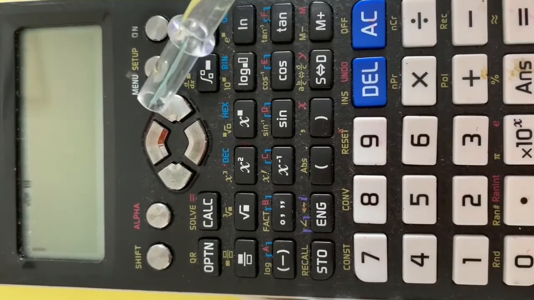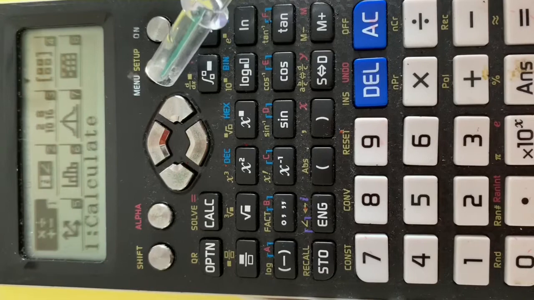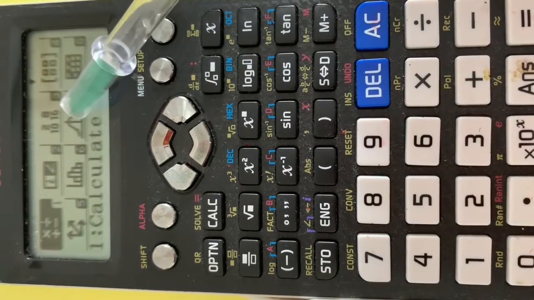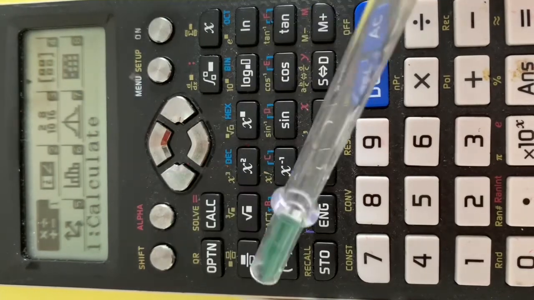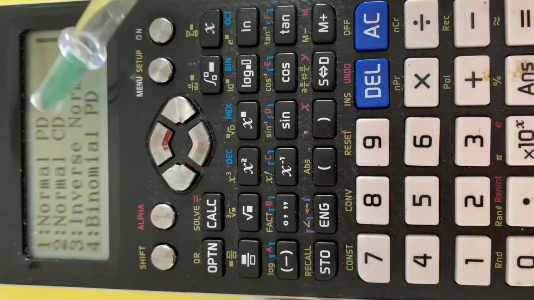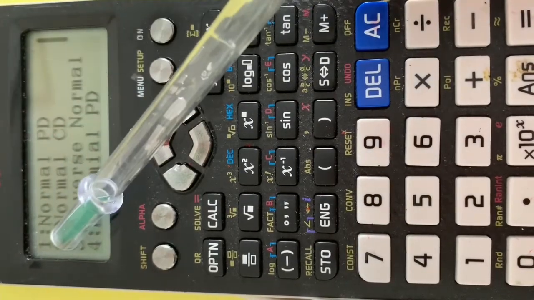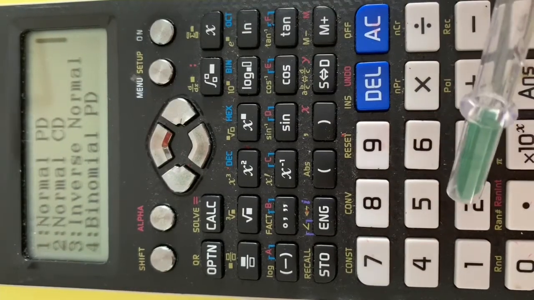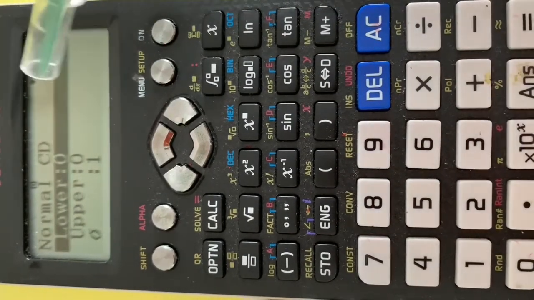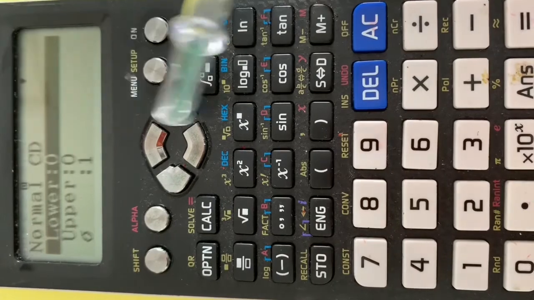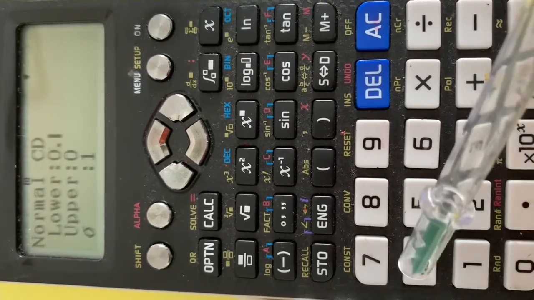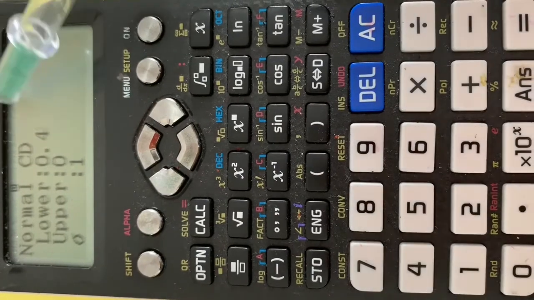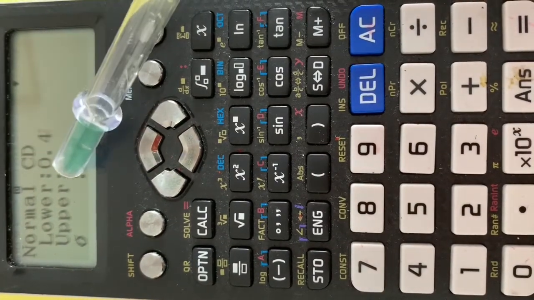Now I would like to show you one more time. First, you press bell shape number 7. Then you choose number 2, which is normal CD. After you choose number 2, you will see lower and upper. So lower is 0.4, you key in 0.4.